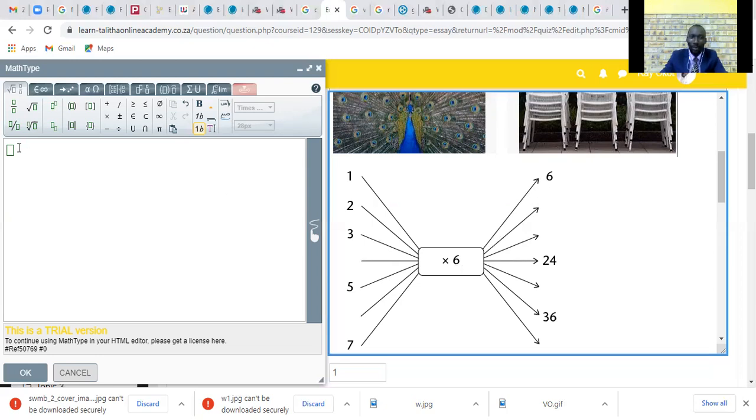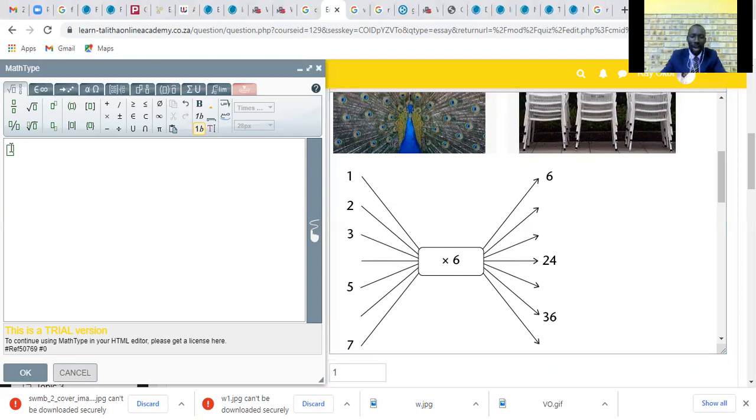So here we are talking of a pattern of times 6. If you have a 1, for the first case, you have to multiply it by 6 so that you get to the right-hand side.